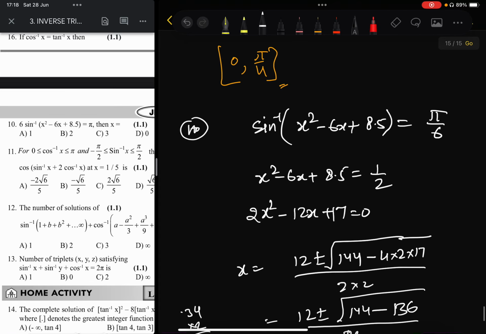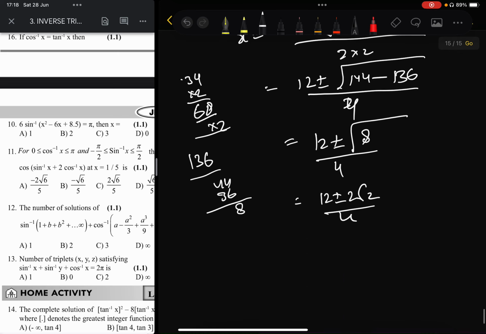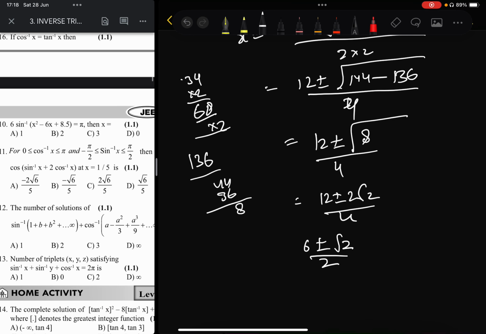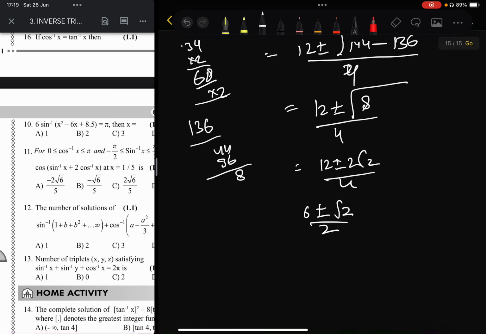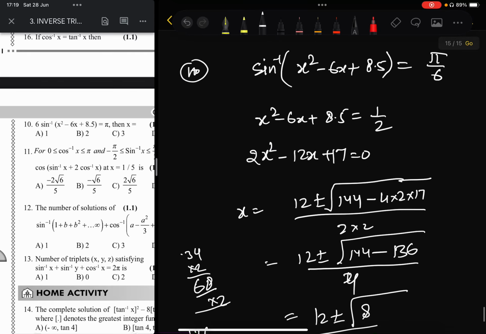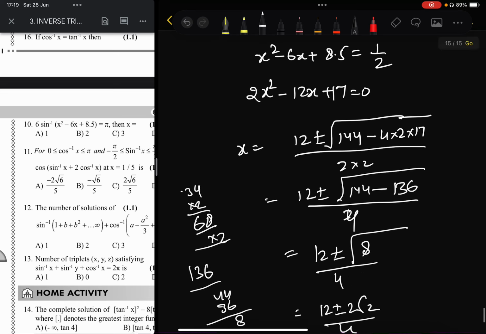Everything is okay. Yes, if you take 2 common, this will become 6 plus minus root 2 divided by 2. But here, for this value of x, this expression should become 1 by 2, right?